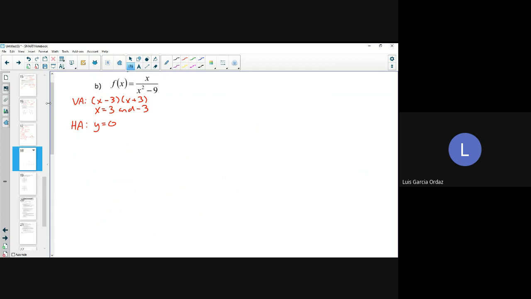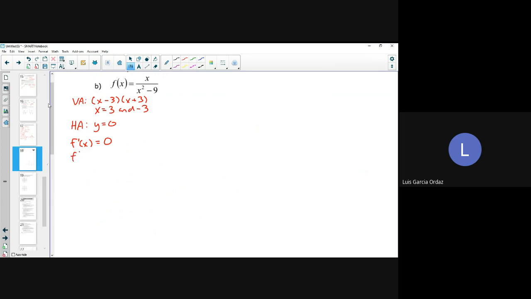Now let's find my derivative, so I can know when my graph is increasing and decreasing. Let's find f prime of x and set that equal to 0.